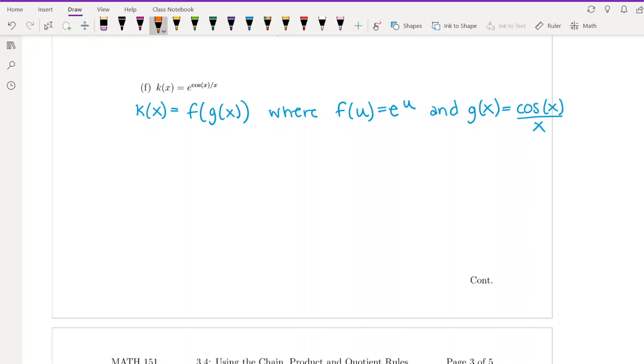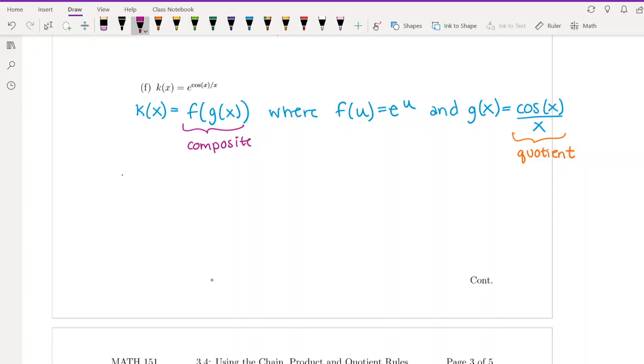So notice that cosine of x over x is a quotient. So we are eventually going to have to use the quotient rule, but it's not what we're doing first, because overall, this function is a composite function. And so we need to start by using the chain rule.